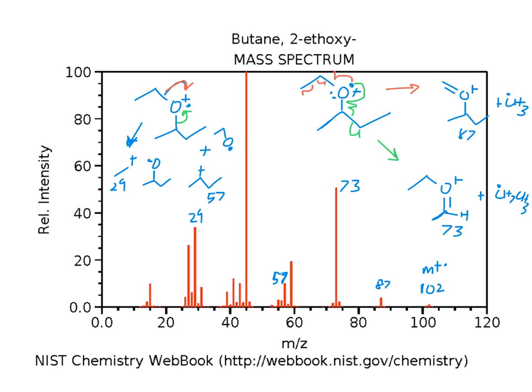I'm going to draw this other one over here. So the way they draw this is that this hydrogen gets transferred over to the oxygen, and then this bond breaks. It's not how they draw it, though.